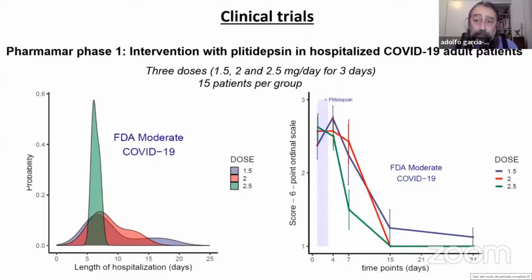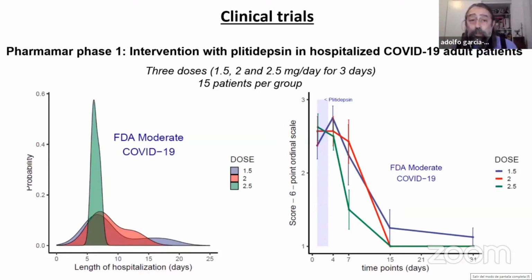And with this data, PharmaMar, which is the company that actually developed plitidepsin as an inhibitor of myeloma, started clinical trials. These were the results from a phase 1, a very small clinical trial where they looked mainly at toxicity, and it was found not to be toxic at the concentrations that were used.